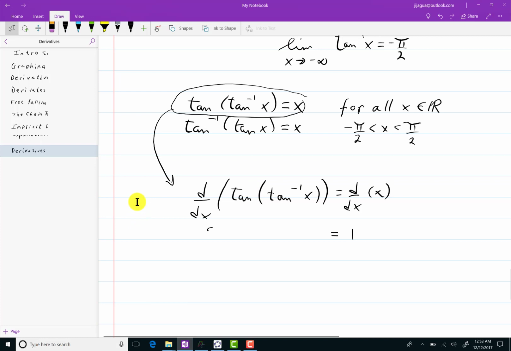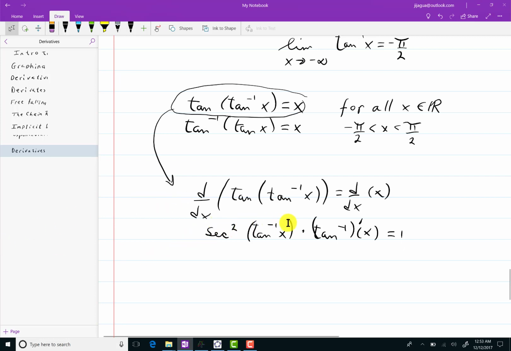So I'll have secant squared of tan inverse of x, and I foolishly did not leave myself enough room over here, times tan inverse prime of x. That's equal to 1.